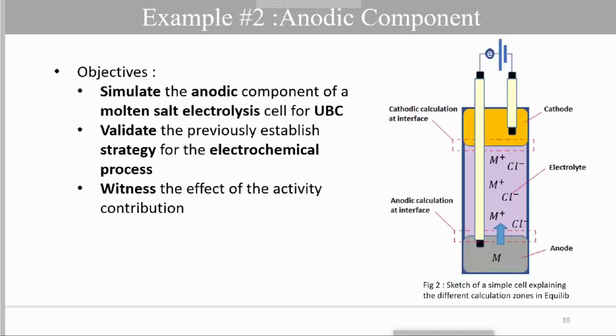So for the second example, as we've seen this morning, we need to simulate both components of the cell separately. We will start with the anodic interface, and the goal of the anodic interface is to simulate what would happen if you were to run a molten salt electrolysis cell for some UBC plus some other scrap. It's not going to be the same composition as Anya showed you, but nonetheless it would be applicable.